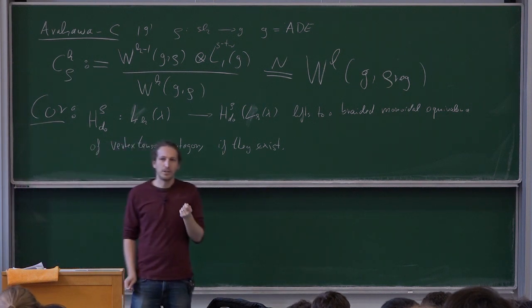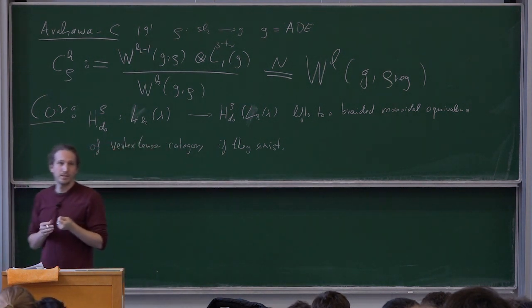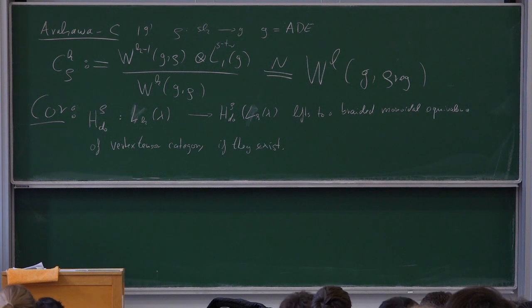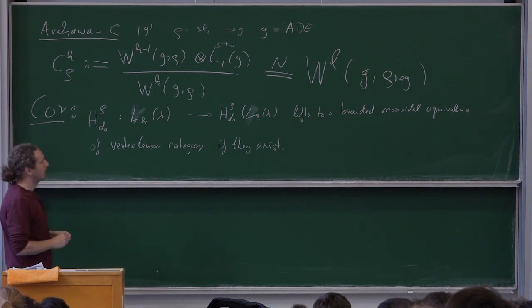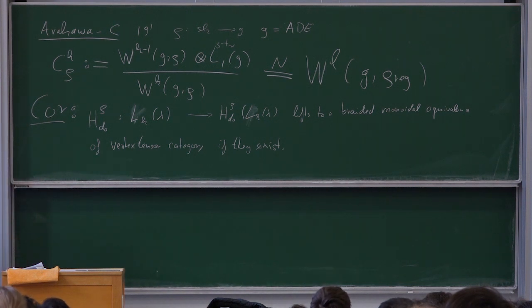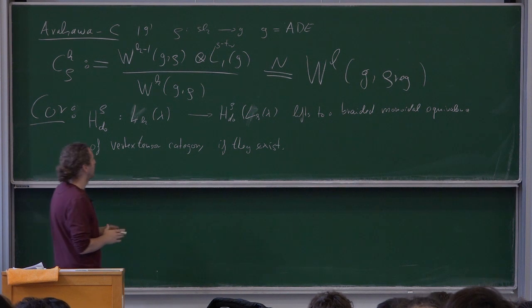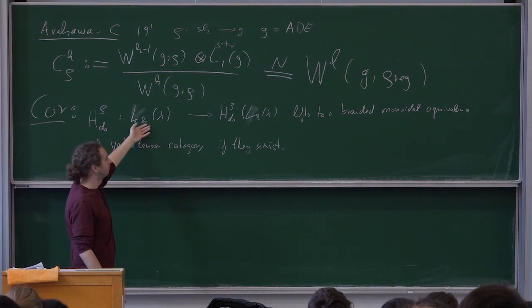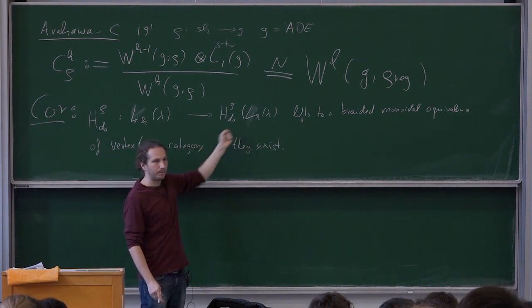And now, thanks to Niels, we can appreciate this statement. He has explained to us what a monoidal functor is, what braiding is. And I hope you can appreciate this statement because it means, for example, if I know fusion rules here, I know them immediately here.